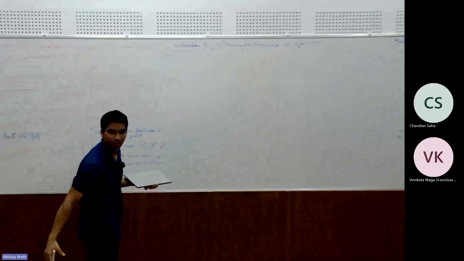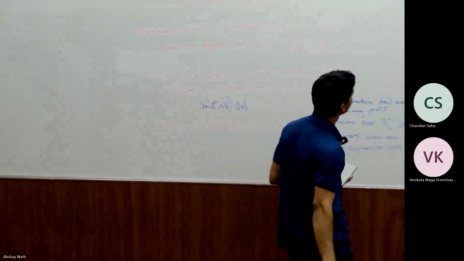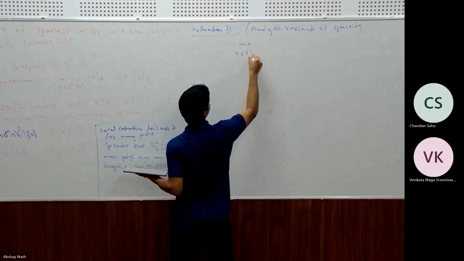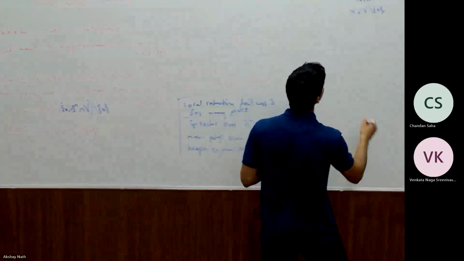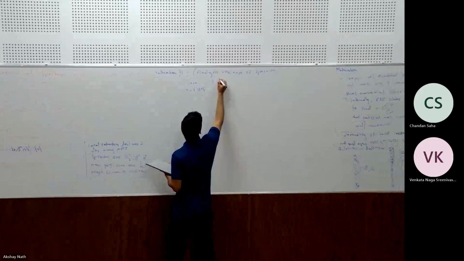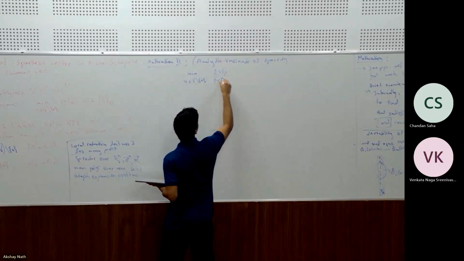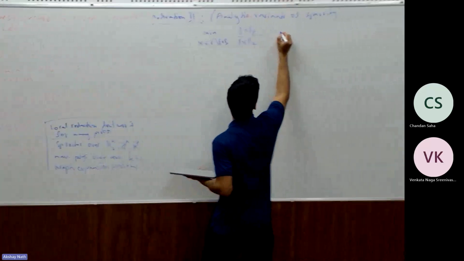We can define an analogous problem to the sparsest vector in a subspace that looks like the following. We minimize over all non-zero vectors x in a real subspace the ratio of the Lp and L2 norms for any p greater than 2.